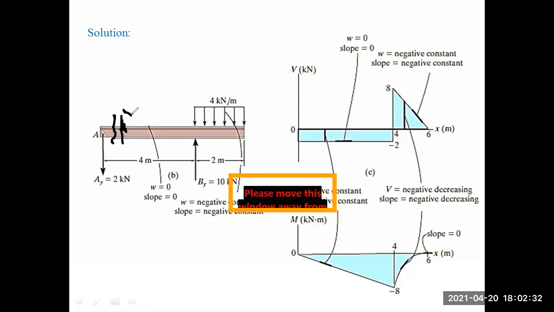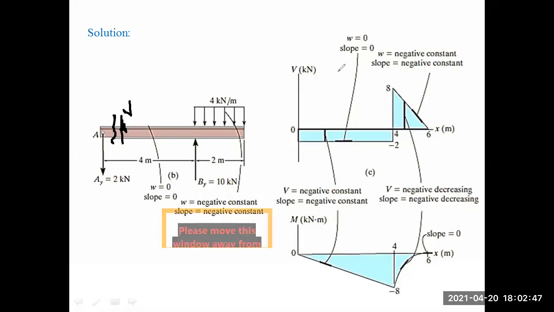If the shear force is acting upward on this side of the section, is it positive or negative? Negative. So we specify the negative side for the shear force diagram.